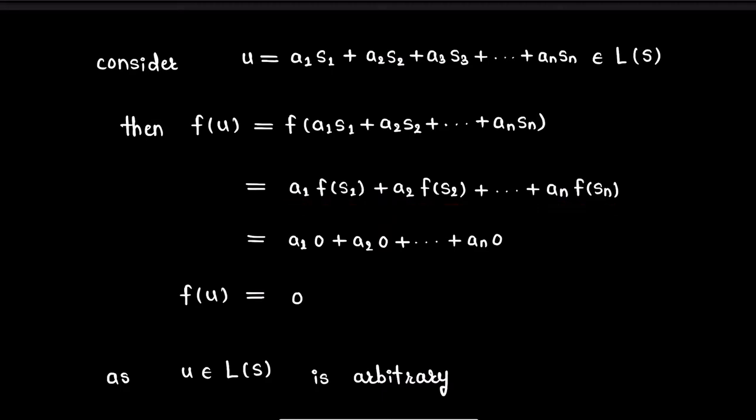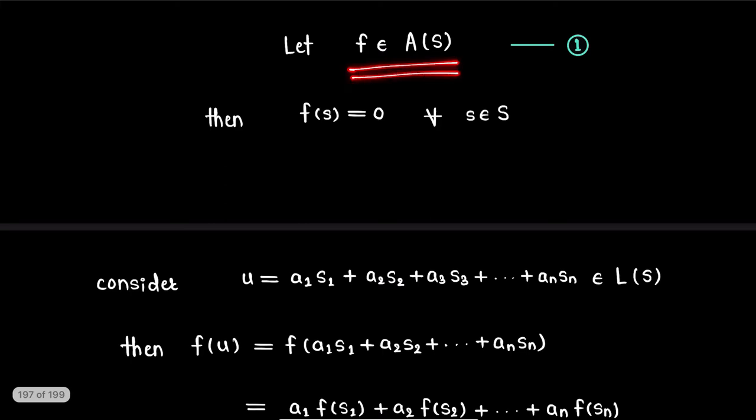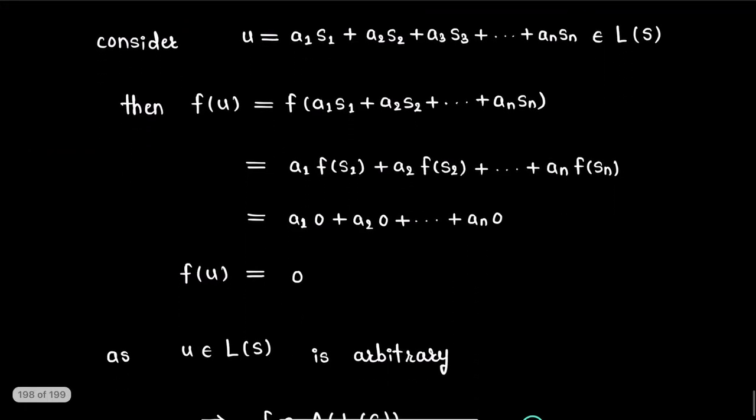Now since f is in the annihilator of S and f of s is 0 for all s in S, we have f of U is equal to A1 times 0 plus A2 times 0 plus and so on plus An times 0, since f of S1, f of S2 up to f of Sn are all equal to 0. So we have f of U is the 0 vector.